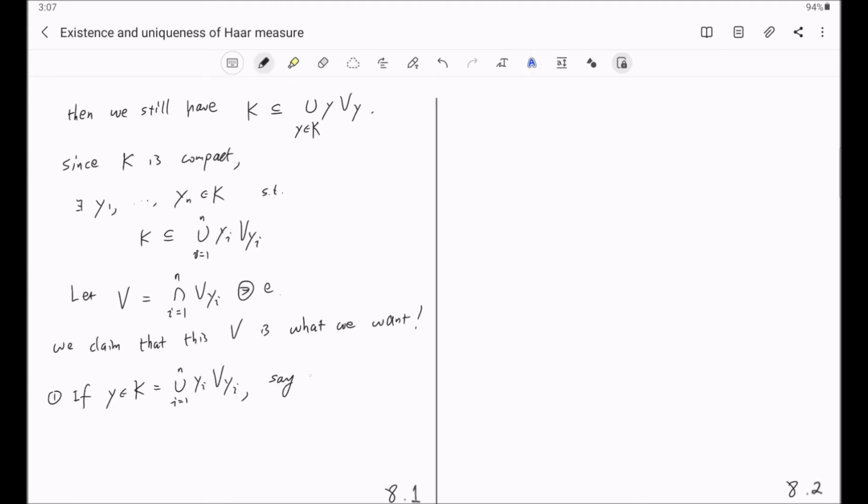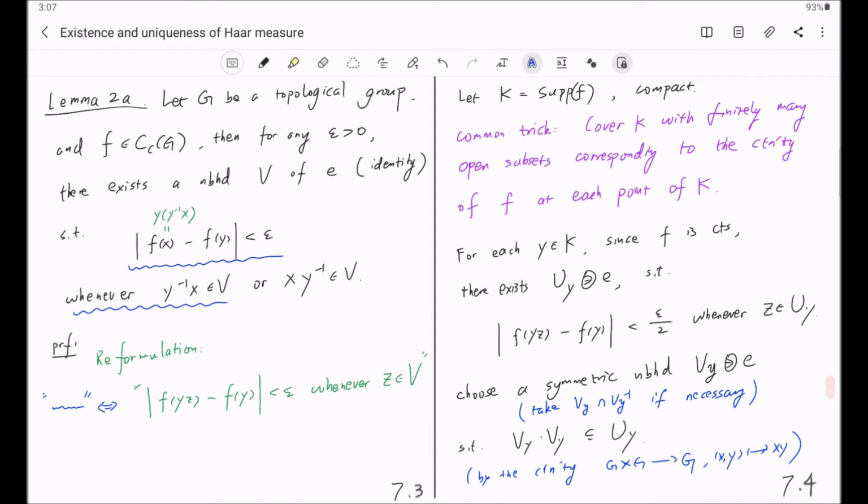Say y is in yi times V sub yi. Then, for any z in V, we're going to study this absolute value, and we'll break it down by the triangular inequality.